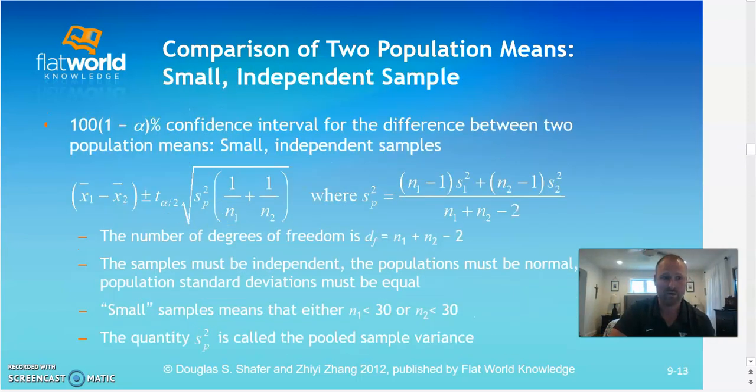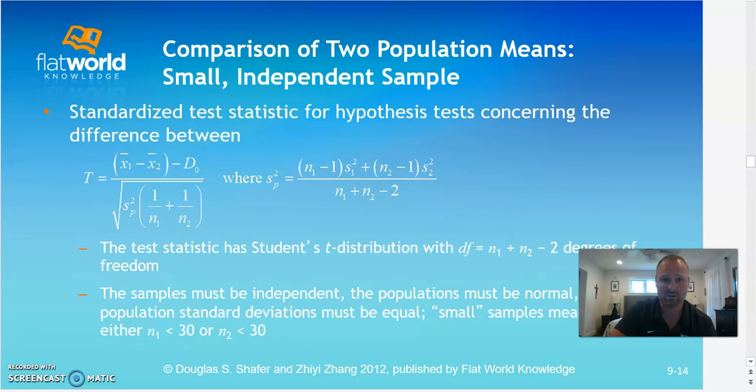okay? And so we also have our standardized test statistic for hypothesis testing concerning the difference between the small independent samples. So this is going to be slightly different here. This is also the same, all right, but this is going to allow us to figure out what that t-value is.